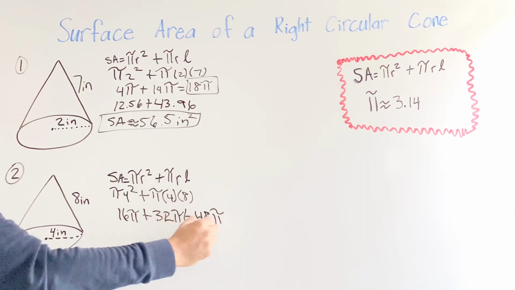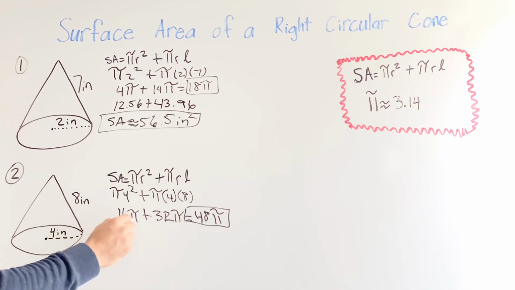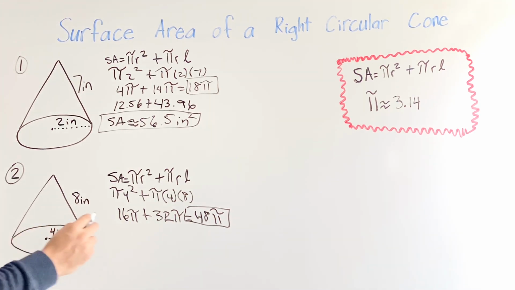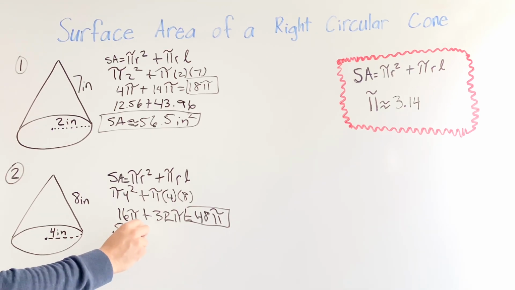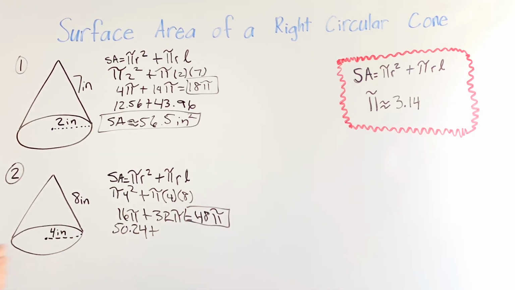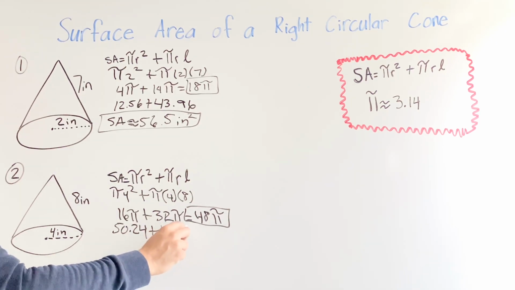And again, we can leave it as that, if your teacher wants you to leave your answer as pi. Okay, we can also solve it. We have 16 times 3.14 to be about 50.24 plus 32 times pi, and 32 times pi is 100.48.